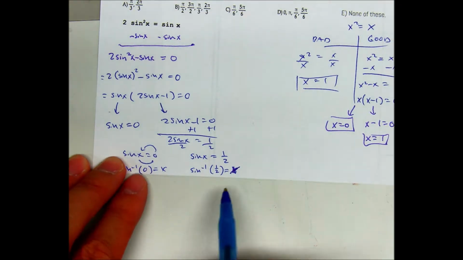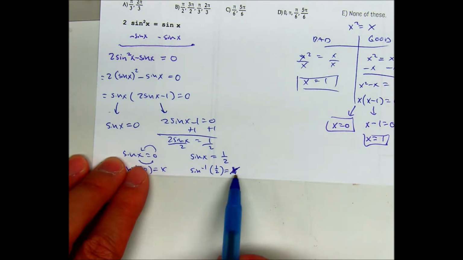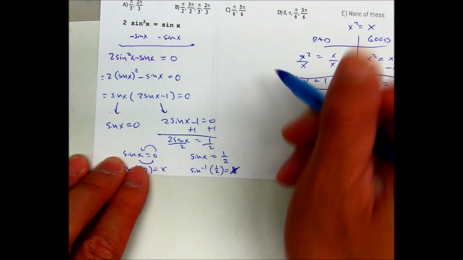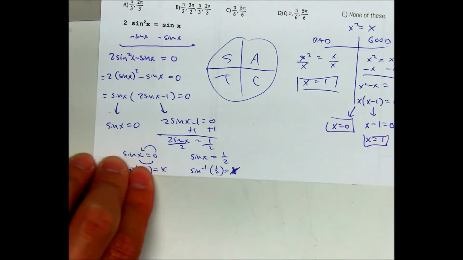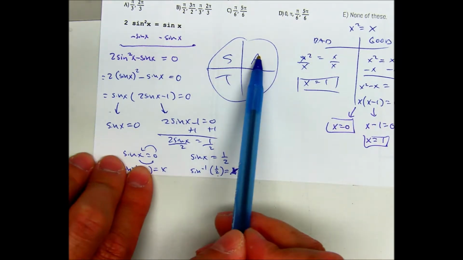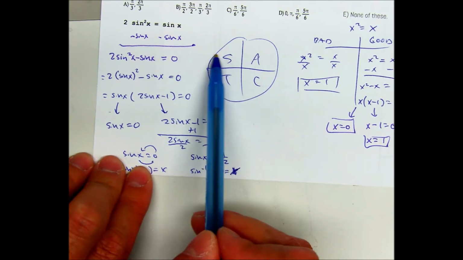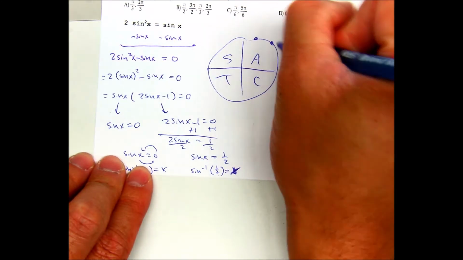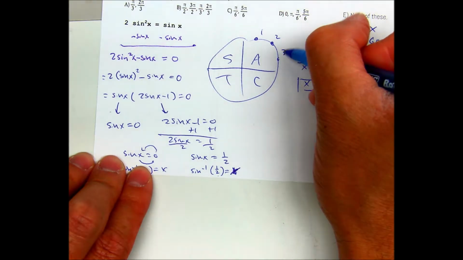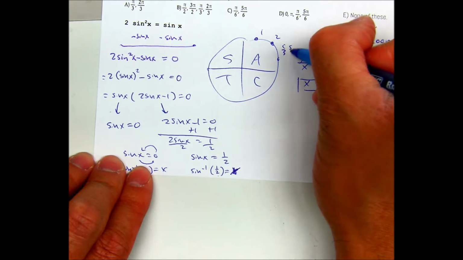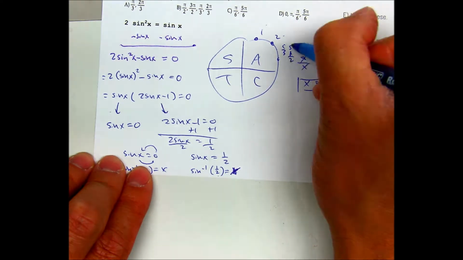So the question is, where is sine positive 1/2? I know that sine is positive in these two quadrants, right? If I do my counting technique, 1, 2, 3. This is the first ordered pair, that is cosine. The second is sine. So then you count back up, 1, 2, 3. So my cosine is 1/2 here.